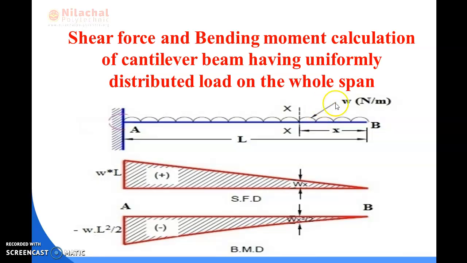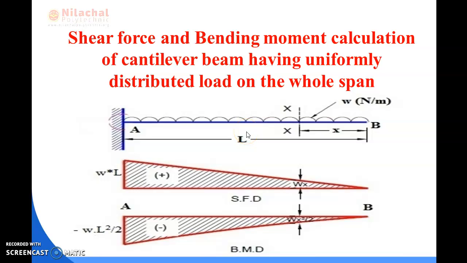The loading condition is the same, which is W Newton per meter, and the length should be L. Whenever you multiply the perpendicular distance, it should be the required length divided by 2. So the perpendicular distance for the whole span should be L by 2.